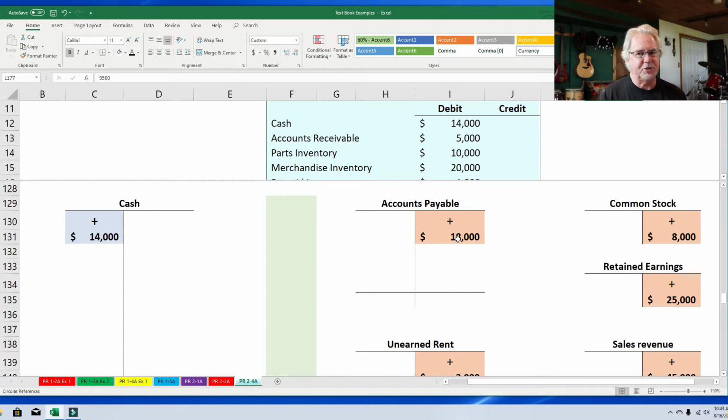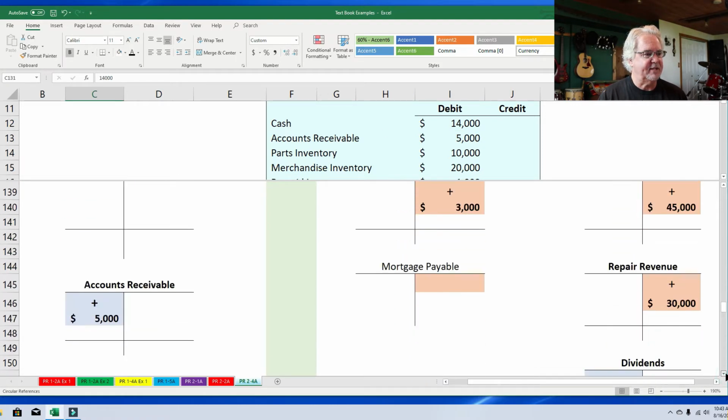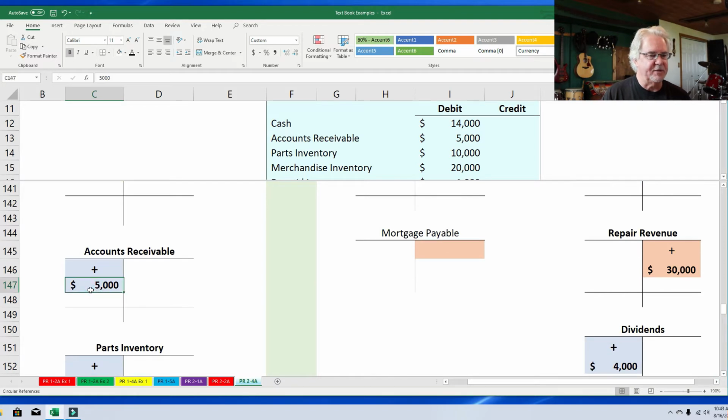So just double check your work. What I would do, I would say, okay, cash, $14,000. It's on the left-hand side. Left-hand side. Good. Accounts receivable, $5,000 on the left-hand side. Left-hand side. So I would double check. We won't do that. I think we got it okay now.